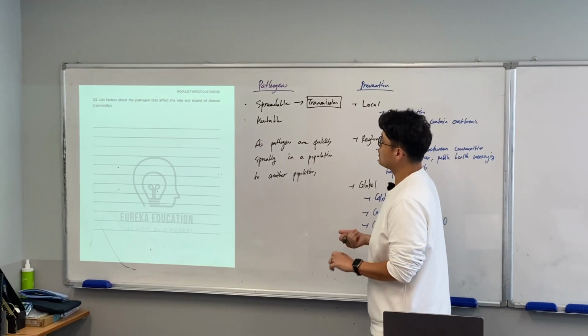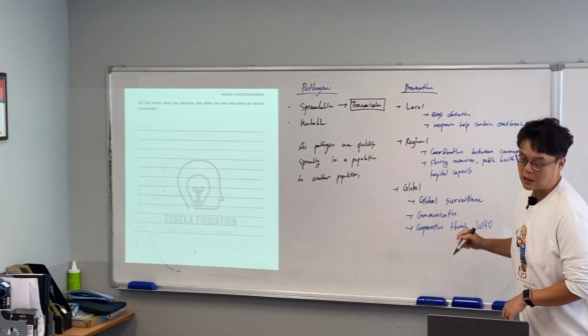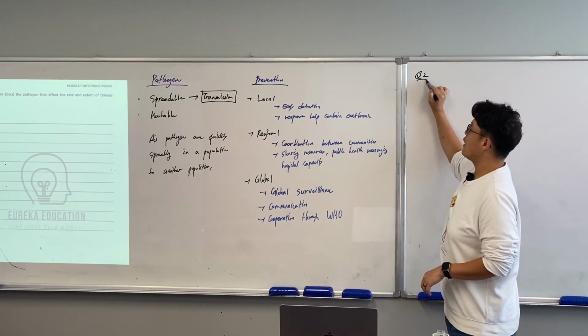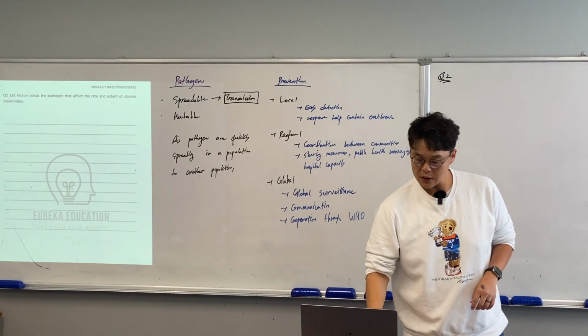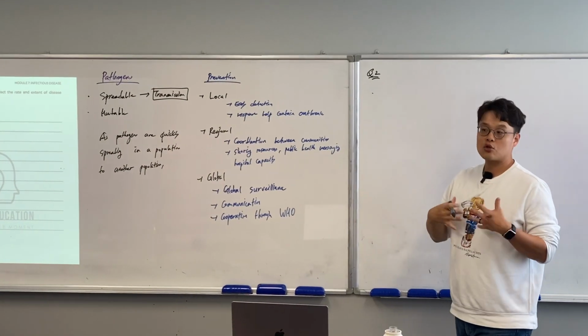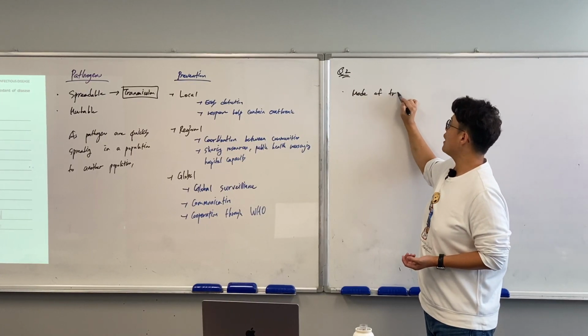List factors about the pathogen that affect the rate and extent of disease transmission. We kind of covered that in the module, chapter 1, previously. One thing you need to understand is how they transmit, in other words, the mode of transmission.